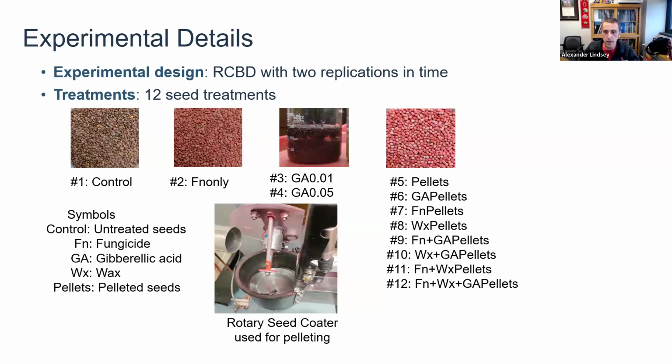So with this experiment, again, we had all of our treatments applied. We had two different GA soak treatments, a 0.01% solution and a 0.05% solution. And we had all of our different pellet treatments applied as well.